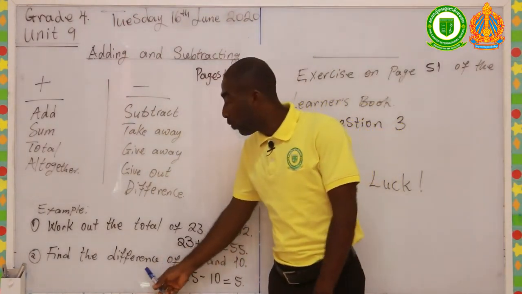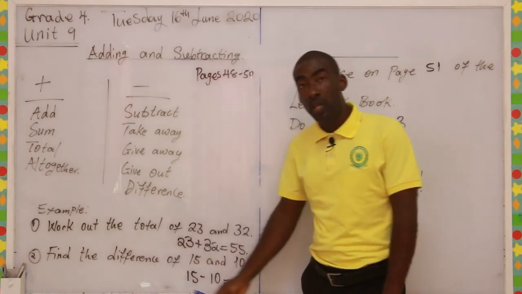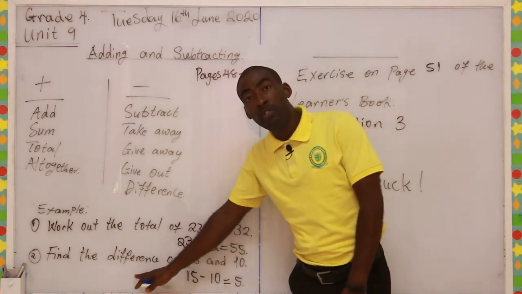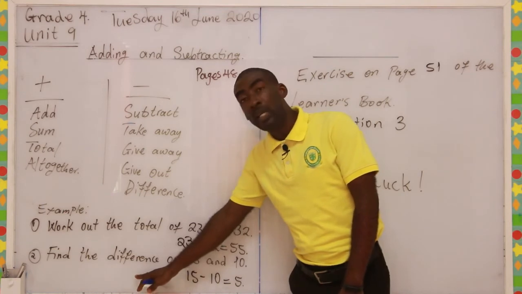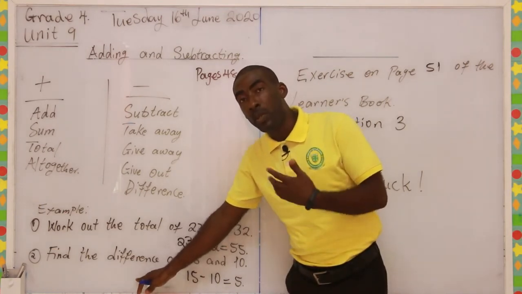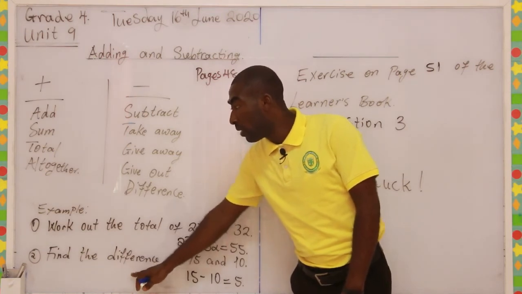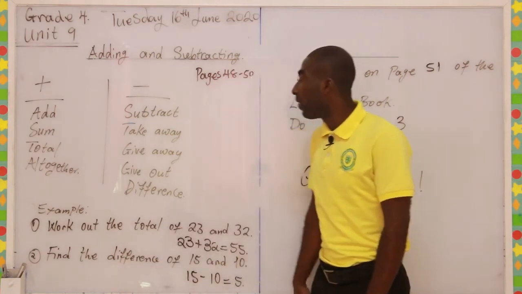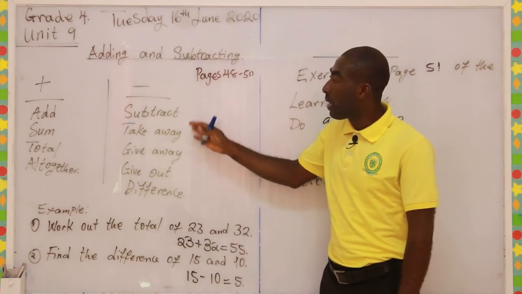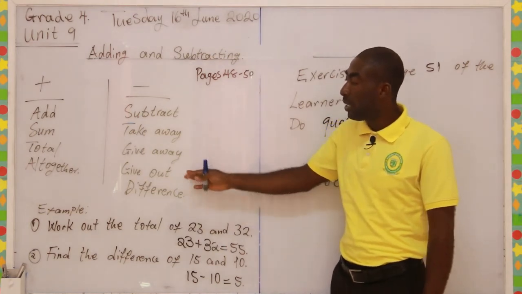In the second example, we use difference, because that is the most unfamiliar word, and when they use it in a math equation, it becomes a challenge. In place of difference, we can ask you to find using subtract, take away, give out.